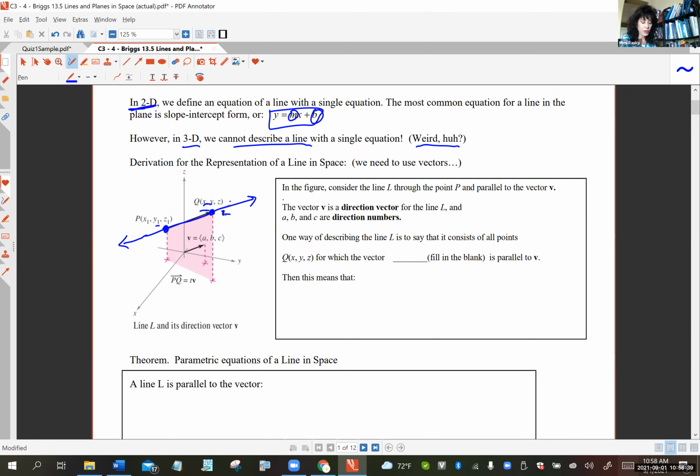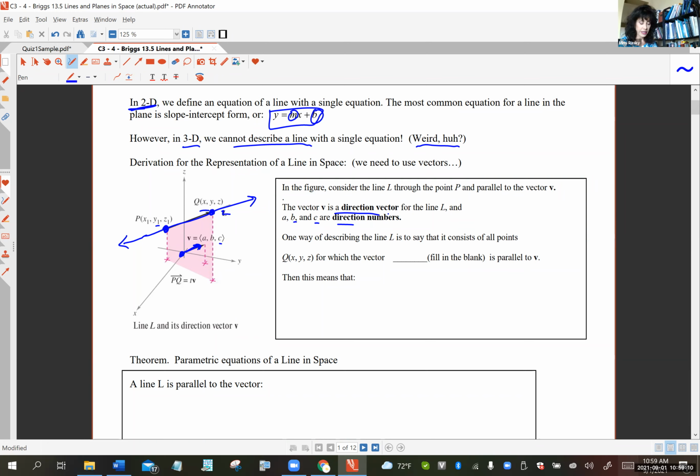We'll just give it arbitrary coordinates, X, Y, Z. Now, down here, there's a little vector in standard position, sprouting out of the origin, called V. And V is parallel to the line. So the components for the vector V are known as the direction numbers for the line, and the vector V itself is the direction vector for the line.